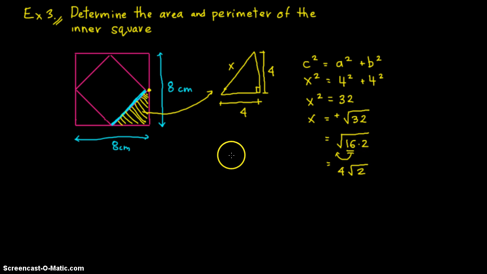So now if I'm looking for the area, that's nothing more than length times width, and I know both length times width. So what I'm dealing with is 4 root 2 squared, or rather it is the length times the width.